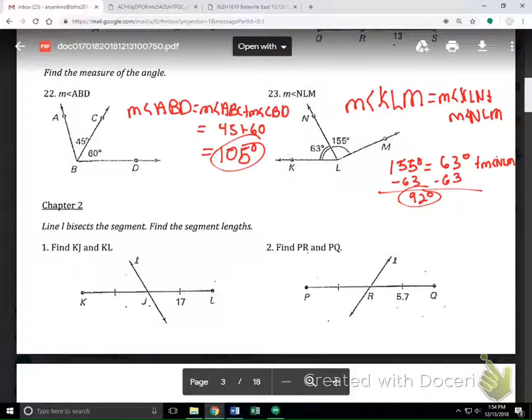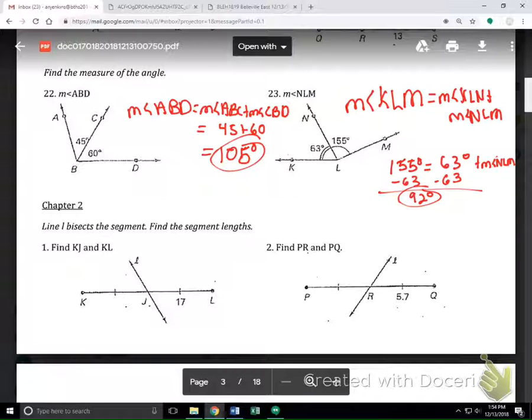92 degrees. So in chapter 2, we had bisecting segments. You know that JL is 17. We see that this little tick mark here, what does it mean? It doesn't mean halfway, it means we put tick marks on sides to show congruence. Yep. Can I look at my notes first?